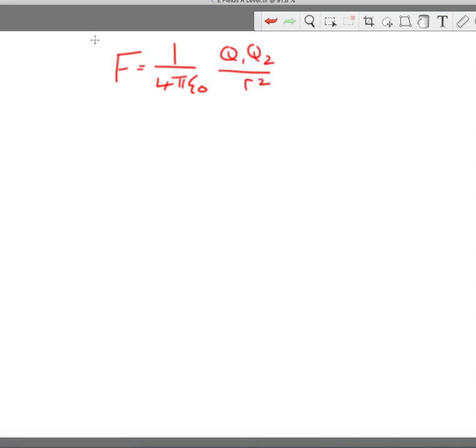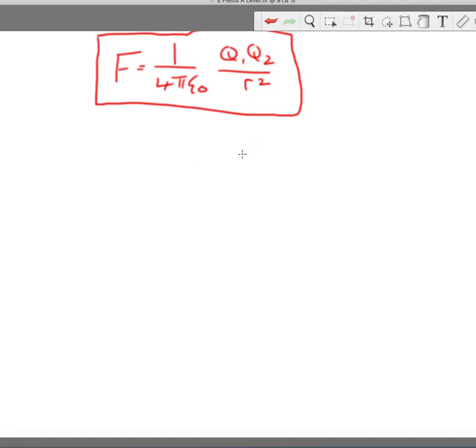There's your maths. Which, if we then go on to say, well, that gives us the expression for the force between two charges, what about the field strength around a charge?